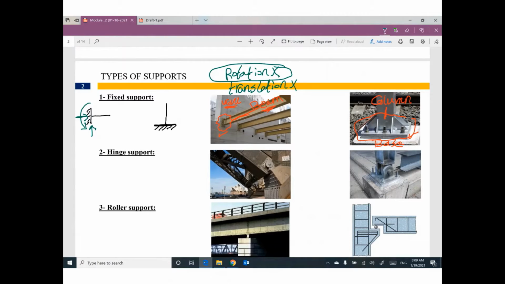If you prevent translations in X and Y, horizontal and vertical, we have vertical and horizontal forces as reactions. So if you have fixed support, we have 3 reactions: 1 vertical force, 1 horizontal force, and 1 moment. Just remember.